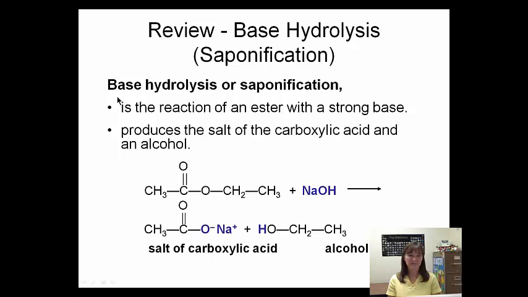So base hydrolysis or saponification is the reaction of an ester with a strong base. It's going to produce salts of a carboxylic acid. And I want you to memorize that a salt of a carboxylic acid is also called a soap molecule. And then you're going to get your alcohol back, because remember, we're just breaking apart that ester group.